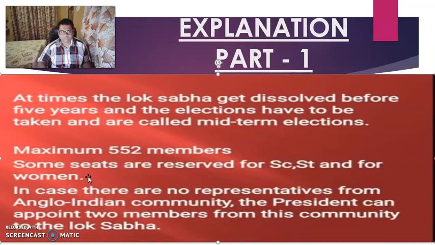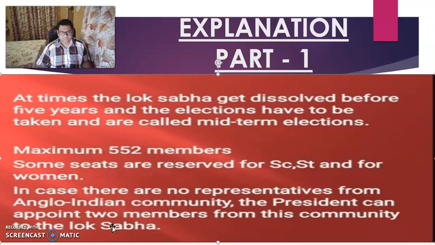In case there are no representatives from the Anglo-Indian community, now what is an Anglo-Indian? Anglo-Indians are those people where one parent is a foreigner and one parent is an Indian. In case there are no representatives from the Anglo-Indian community, then the President has the full right to appoint 2 members from this community to the Lok Sabha.